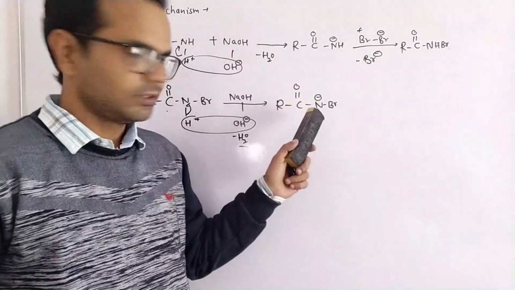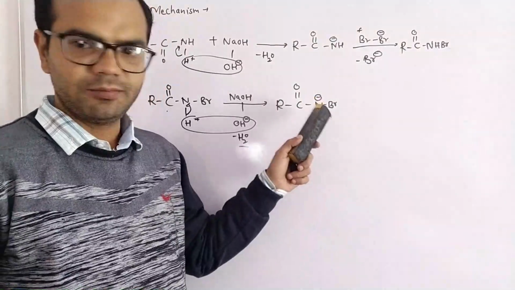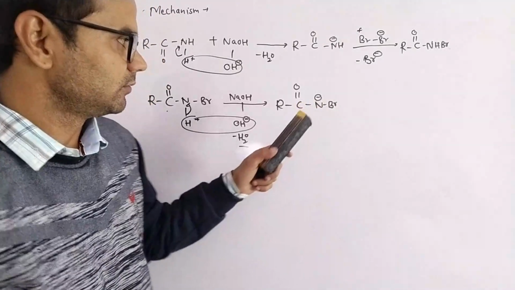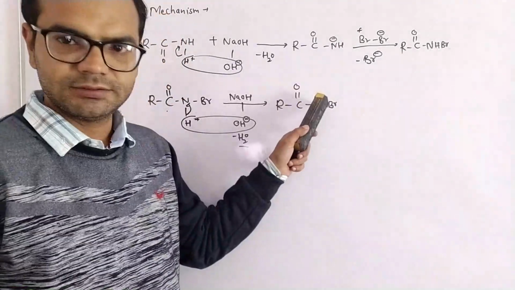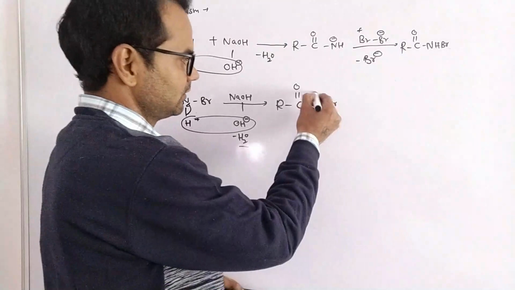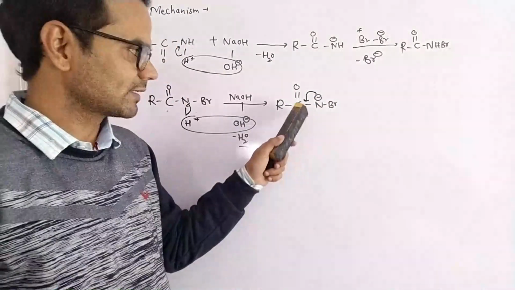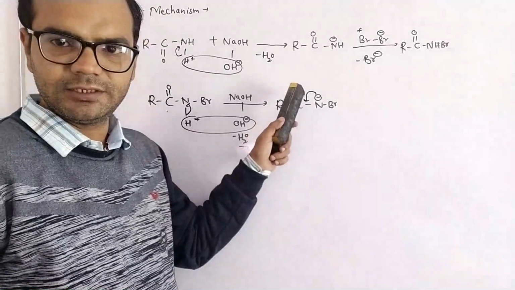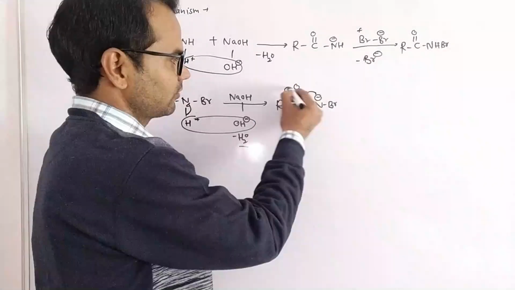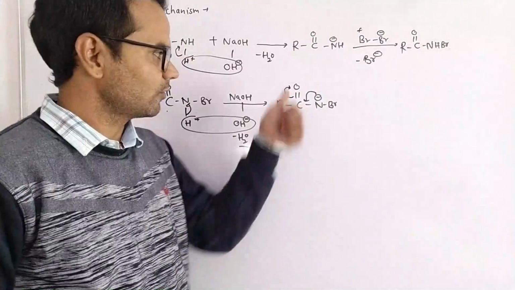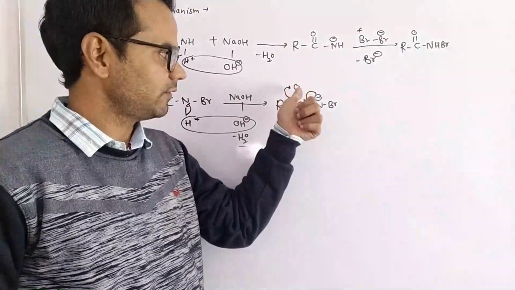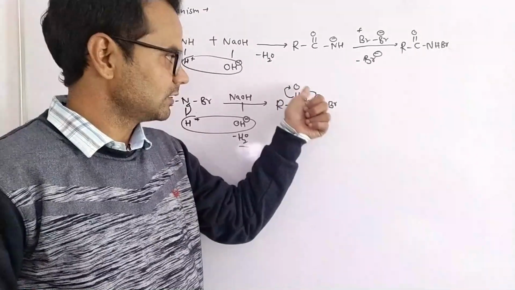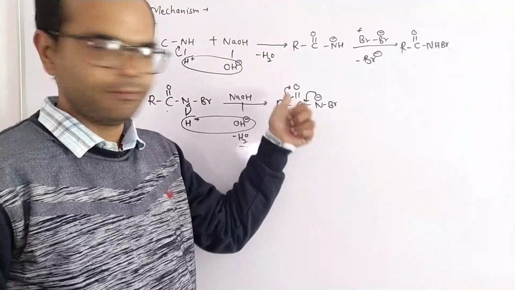So now the next step is quite important. It is the main step of the Hofmann bromamide degradation reaction. Now this negative charge, these electrons, move towards carbon. As a result, charge density increases on carbon. The electronegativity of oxygen is also high, so these electrons are first attracted by oxygen, but then oxygen sends the electrons back to the carbon, back bonding.